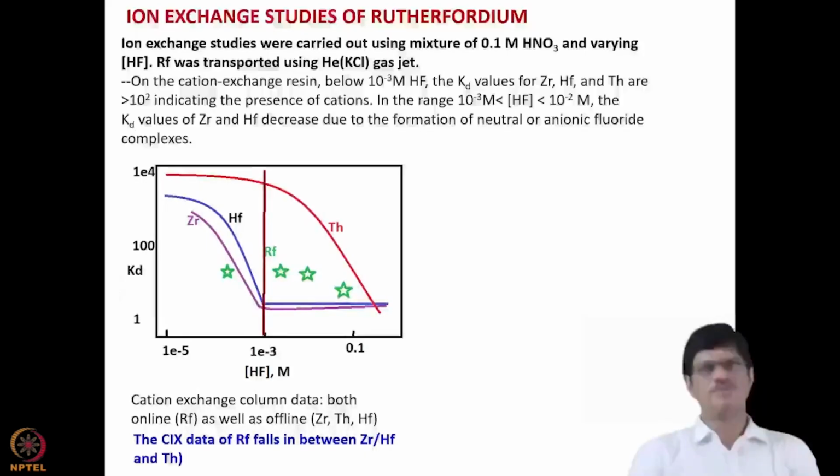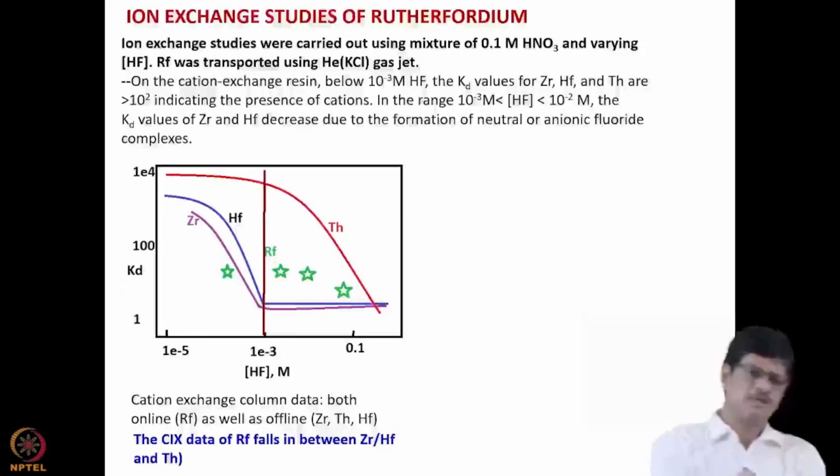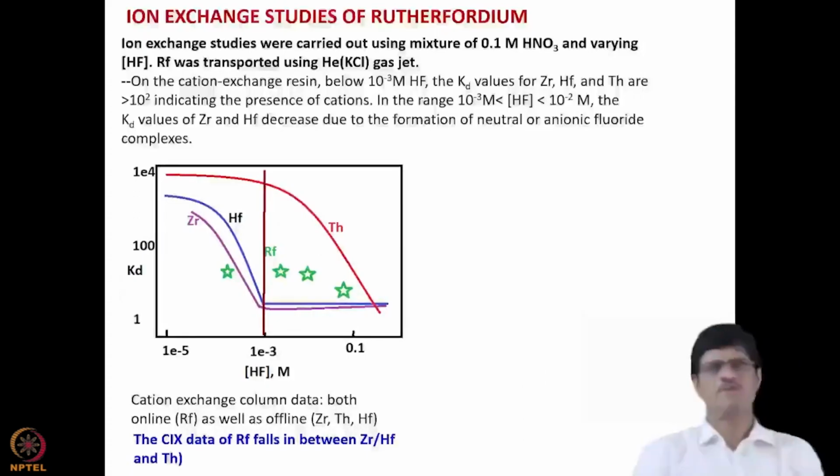And on the cation exchange regime, you can see that at the hydrofluoric acid concentration of around 10 to the power -3 or lower, you can find these Kd values are becoming very, very large. So that means the anionic species are not formed and the cationic complexes are sorbed onto the cation exchange regime.